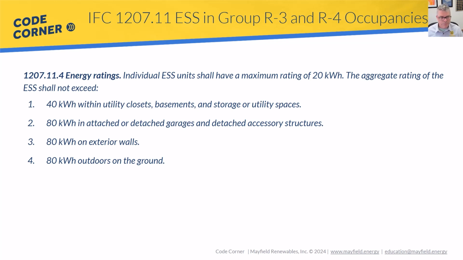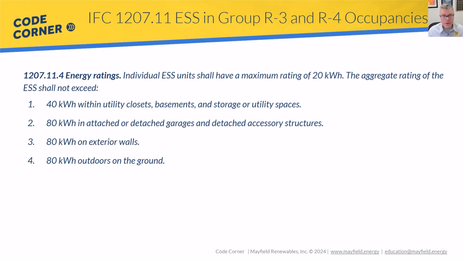Now, last thing I want to note, we don't have it in the language on here, but there is language around this that says if you want to exceed the individual unit rating or the aggregated storage rating, you can, but the code is going to push you back into 1207.1 through .9.